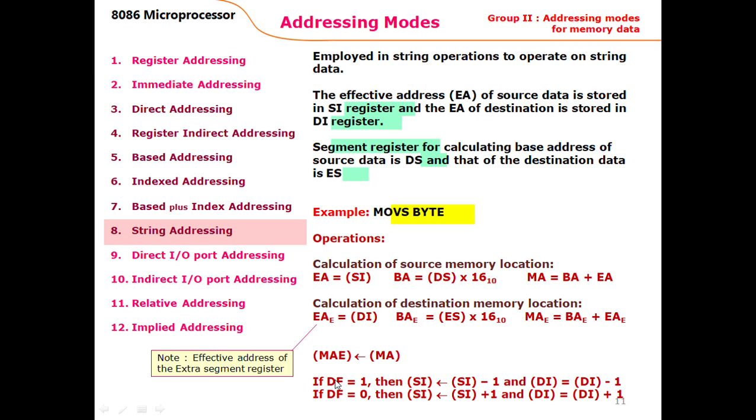If the direction flag is 1, then it sets the auto decrement mode, and by auto decrement mode we mean that the contents of the source index register and the destination index register are decremented by 1 after this MOVS instruction is executed. And if the auto increment mode is set, that would mean the direction flag value is 0, and each time this instruction is executed, the contents of these index registers are incremented by 1, and this mode is called auto increment mode.